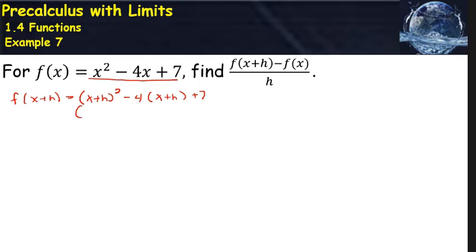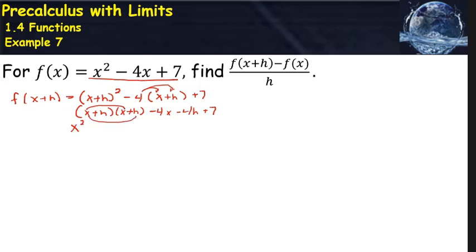So this I have to FOIL: x plus h, x plus h. This I'm going to distribute through, so I get negative 4x minus 4h plus 7. Okay, so this I have to FOIL. So that's the first: x times x is x squared.